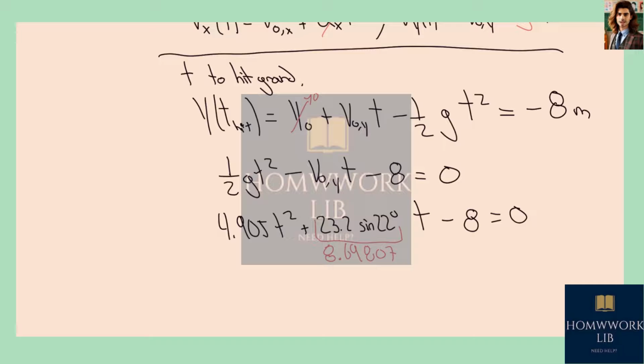And guess what? This is nothing but a quadratic expression, so we can directly replace the values and solve as you would do with any quadratic expression. So let's go ahead. This is 8.69807 on t.